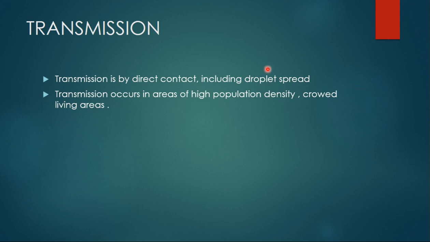Or we can say close and prolonged contact such as kissing, sneezing or coughing on someone, or living in close quarters with an infected person facilitates the spread of this disease. The transmission occurs in areas of high population density, crowded living areas, etc. Clear? So this is all about the transmission.